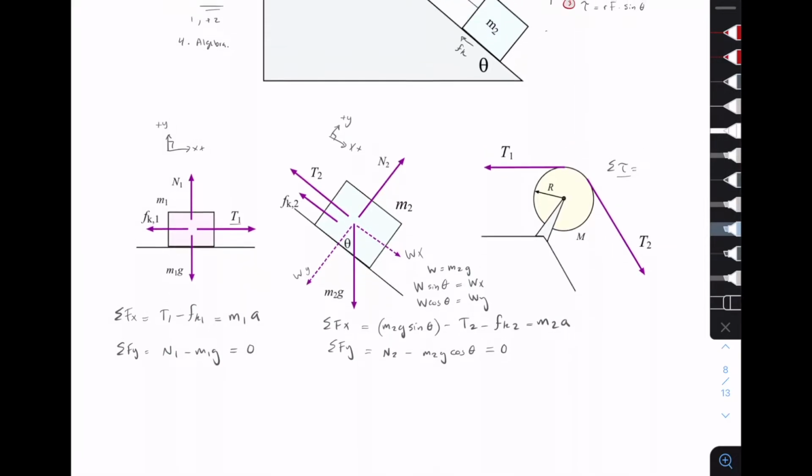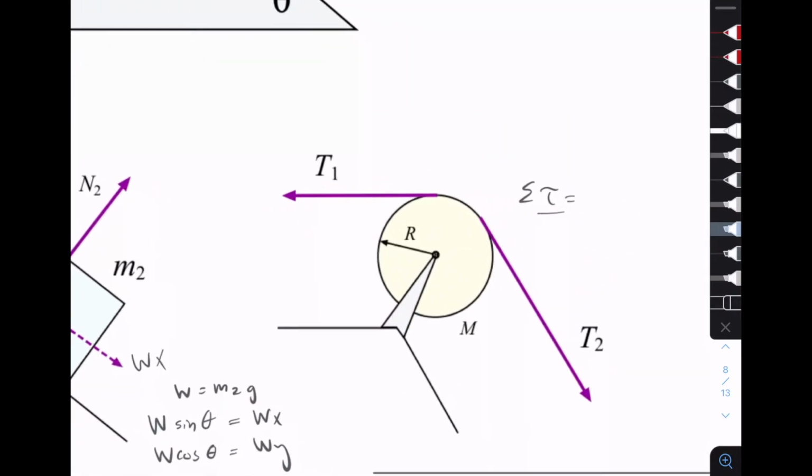All right, what about our pulley over here? What's going on here? Let's look at our radii. Notice that these are both an r distance away, and they're at a right angle. So they're basically pulling in two different torque directions.